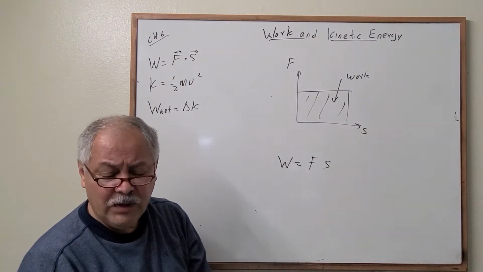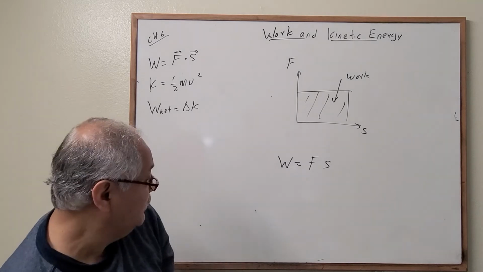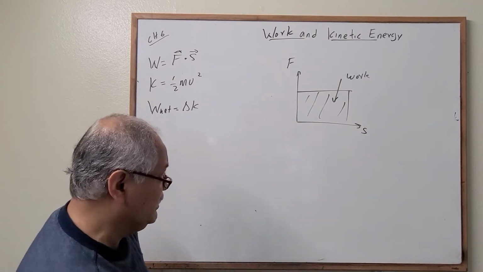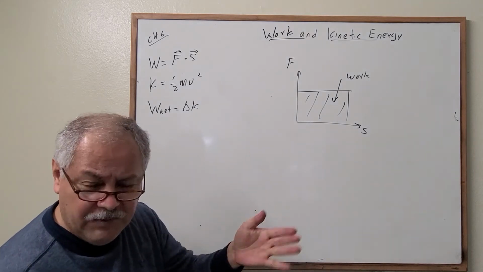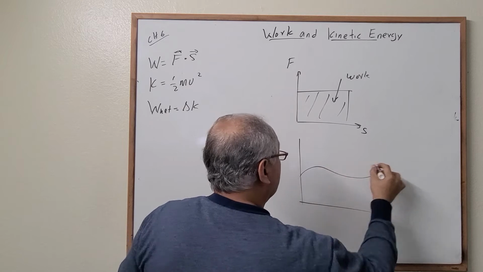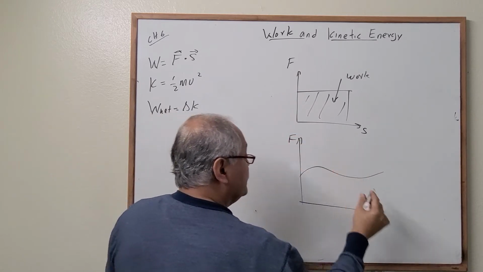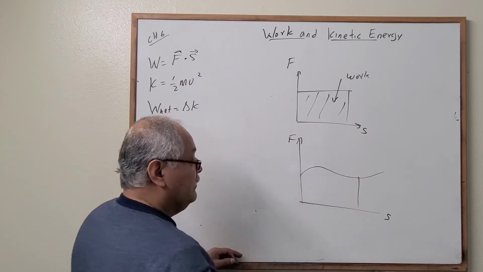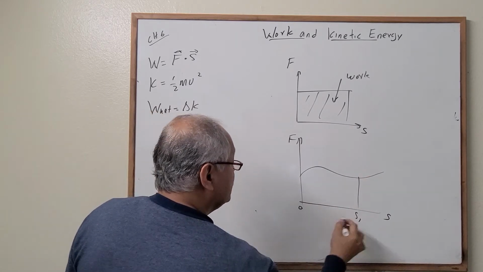What happens when force is not constant? Well, one way we can find work is using the graph. If we have a graph like in this case, and this is again force, and this is displacement. We're looking for the work done from this position to this position, correct?